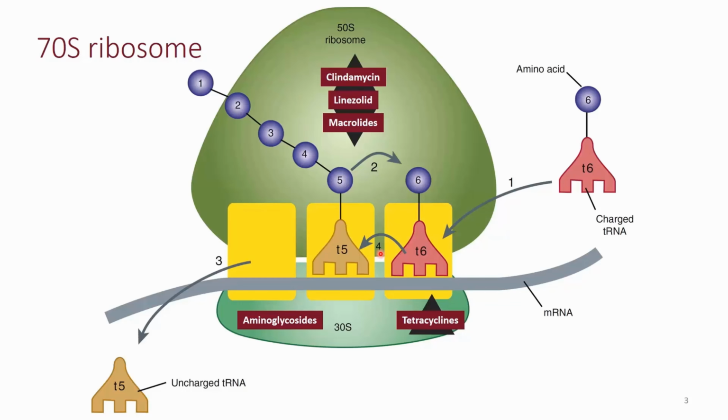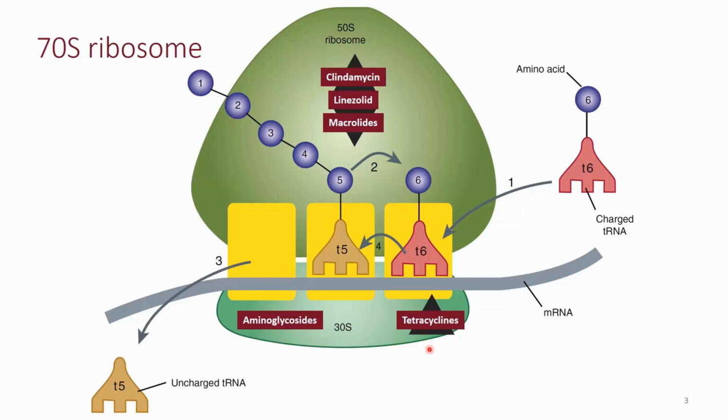Some of the antibiotics that are important to know are clindamycin, linezolid, and macrolides, all of which bind to the 50S ribosome, and they block the peptide bond formation between the different amino acids. As a result, protein synthesis will be inhibited.